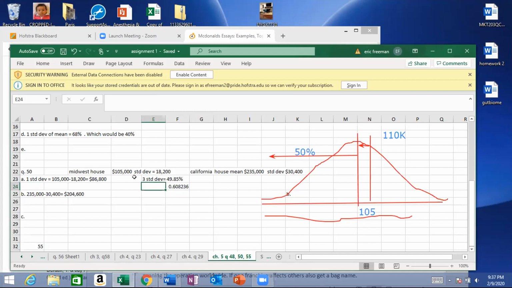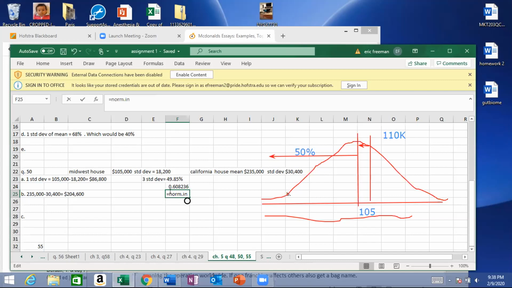So in other words, if they say 60% of the homes fall below this amount, what amount, you would do the norm dot, watch this. Underneath that 60%, I want you to do equals norm.inv. Open parenthesis, 0.6.